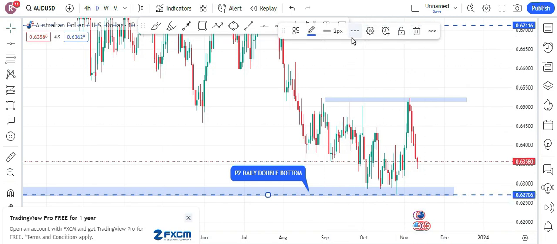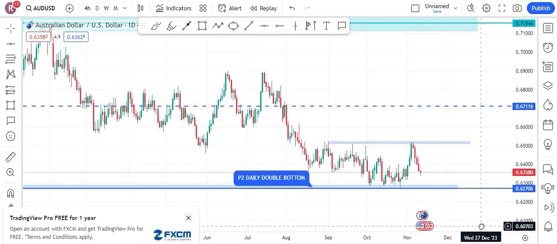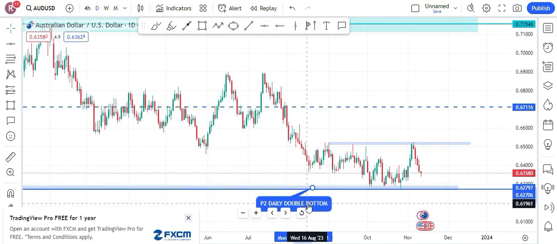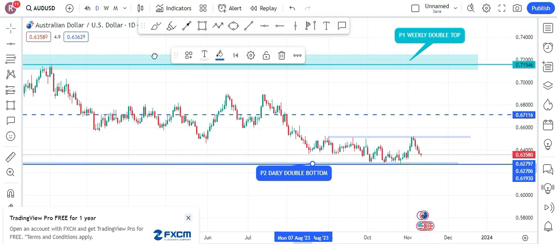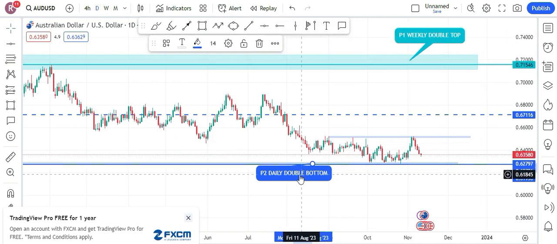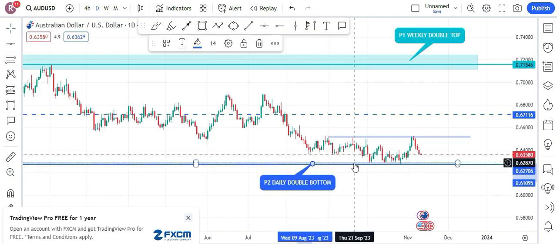This is the thing, and if we consider P1, weekly double top, with pattern 2, daily double bottom, we have the half here.